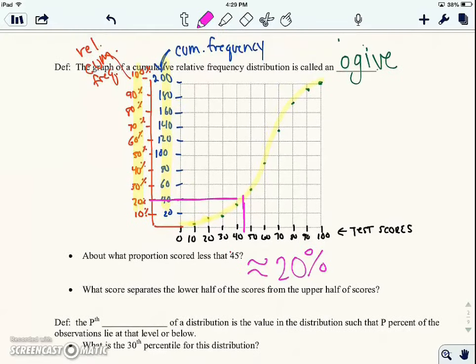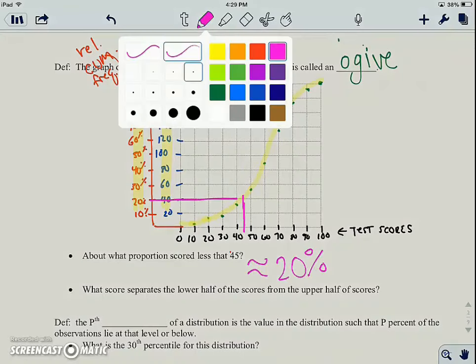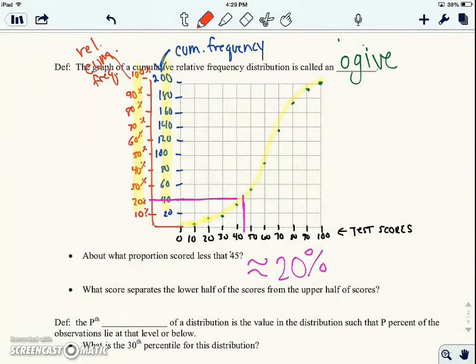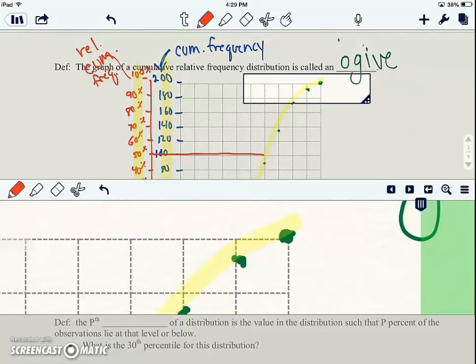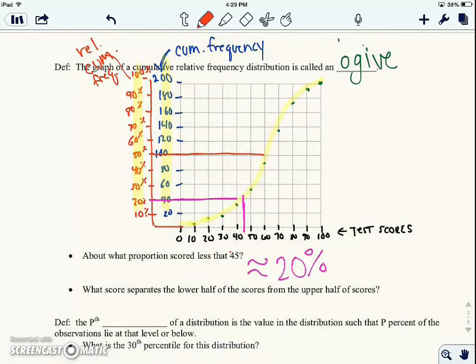So it says, what score separates the lower half of the scores from the upper half of the scores? Well, that's the other direction. Okay, so that would be the 50% mark. Go over and down, and maybe it'd be like 61 or 62. Okay.